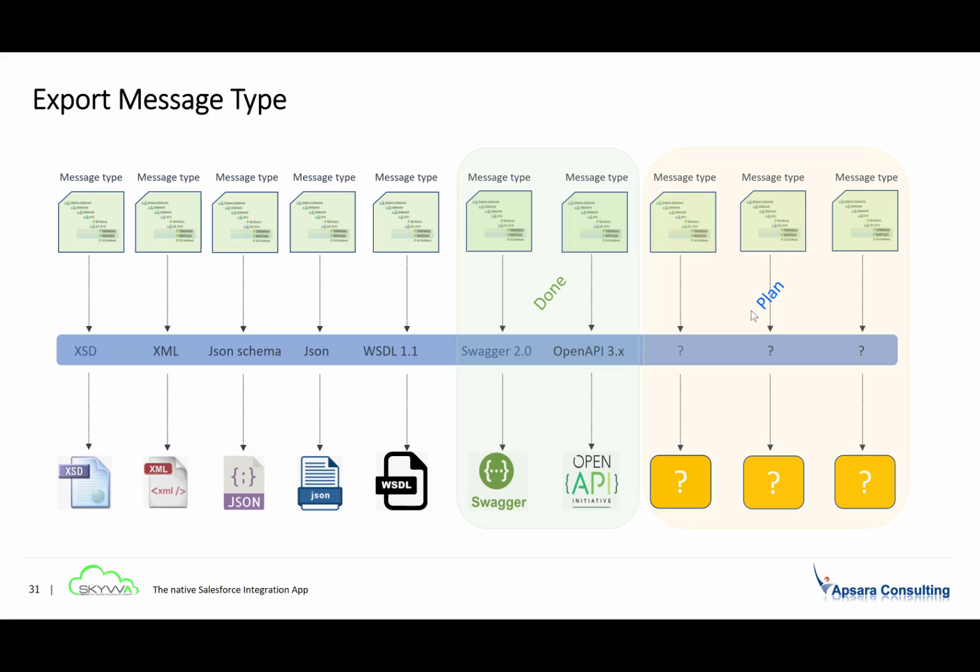So we will also support all of them when we see that it is required on the market for integration. At the moment we don't have any plan here. You see here is a question mark, so we don't know what will evolve in the future. But at the moment, with all of these data description formats, you are fine. That's what is supported right now.